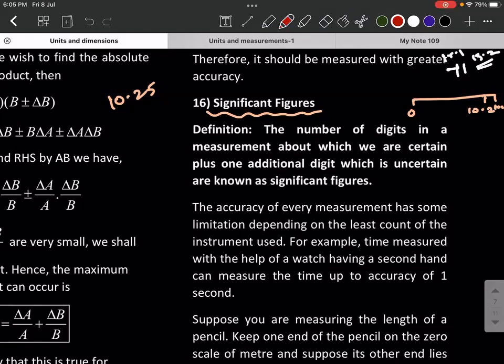But if I give you a measuring device which can exactly tell you about 10.25, then you are going to be more accurate and more precise. So what does precision have to do with the number of significant figures? For my reading to be as precise as possible, do I need more significant figures or fewer?